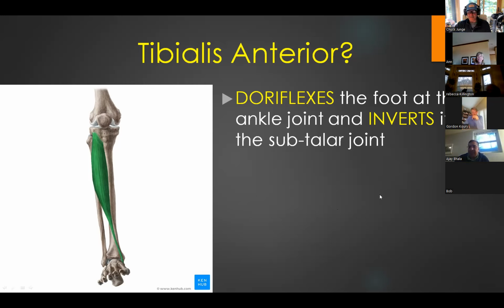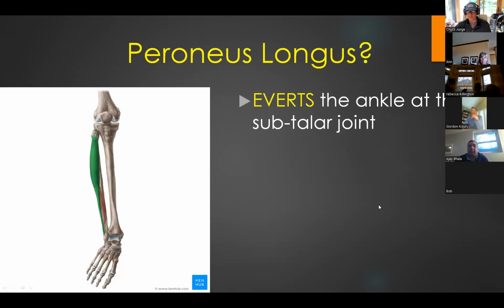So if it dorsiflexes and inverts the foot, we need to have some control on that evert versus invert. So of course, there's another muscle that helps, which is the peroneus longus, which is on the outside of the foot. It's just underneath and a little bit to the right of the anterior on your right foot, and that's what helps you evert the foot.